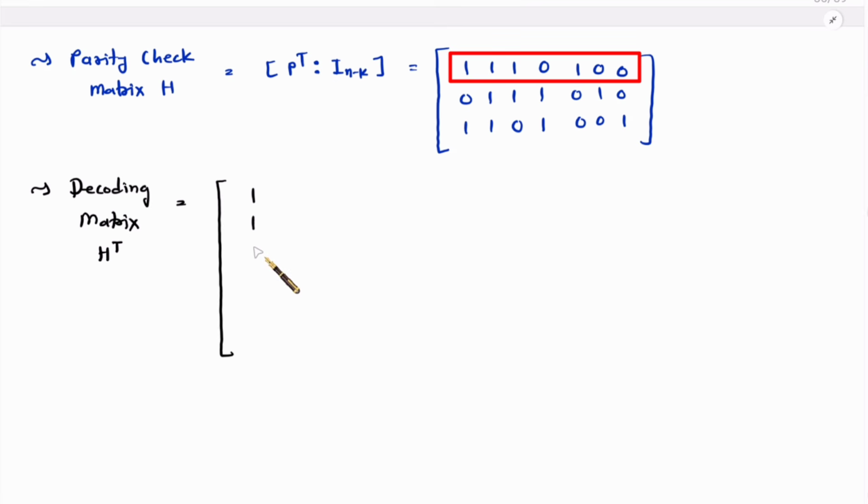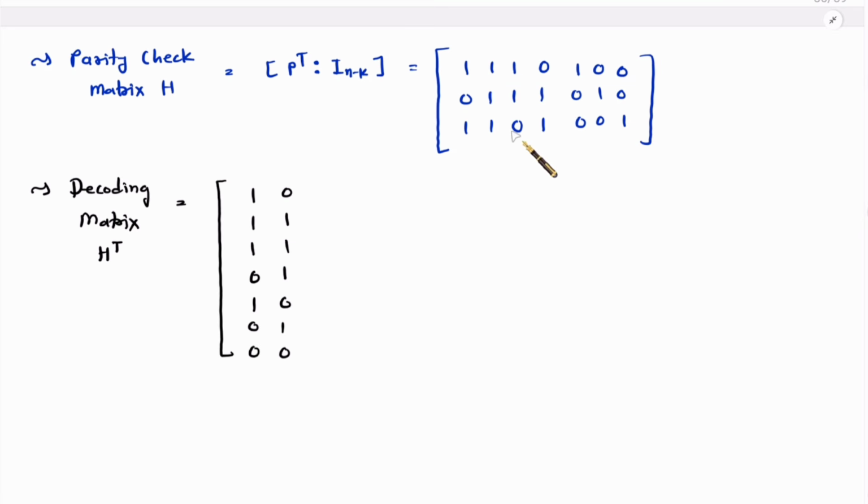So we have first column, that is 1 1 1 0 1 0 0. This second row, now that will be second column, that is 0 1 1 1 0 1 0. And this third row, now that will be third column. So 1 1 0 1 0 0 1, that is our third column. So that is how one can have decoding matrix.